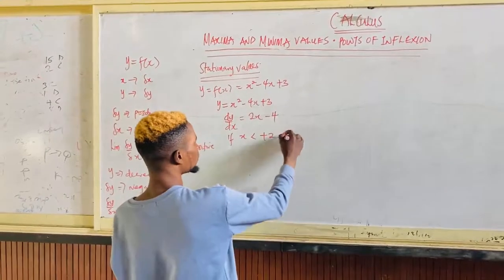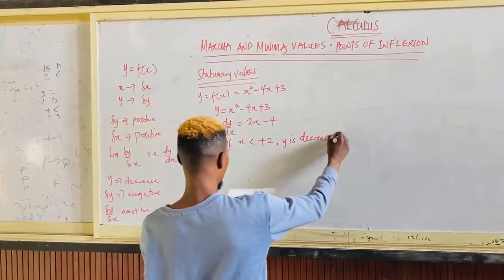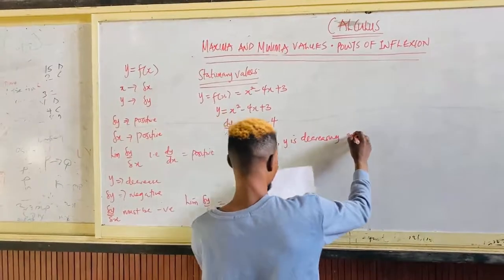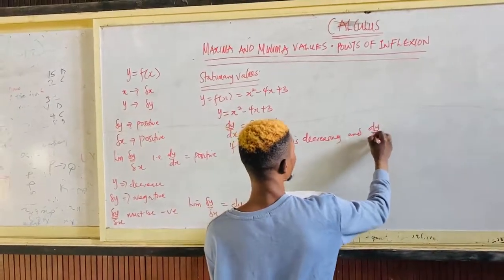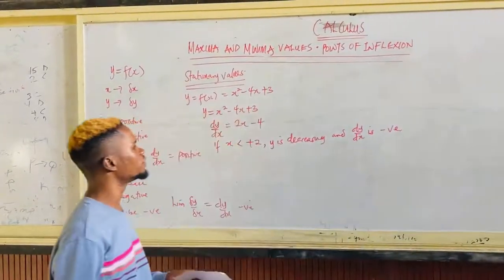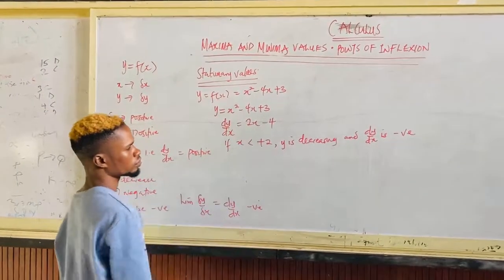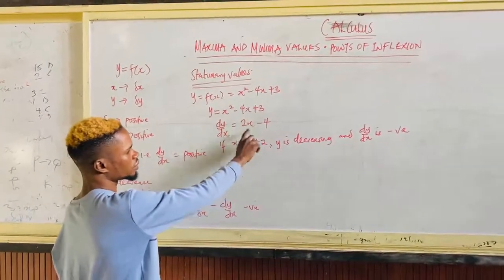That means y is decreasing. And if y is decreasing, that means my dy dx is negative, because if I take a value of x less than 2 and input it here, 1, that's minus 2.